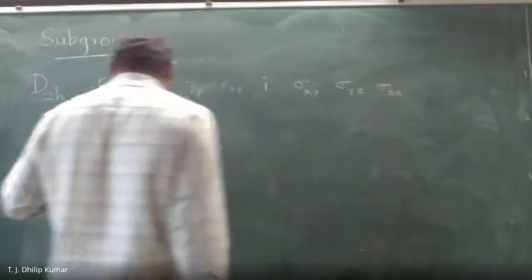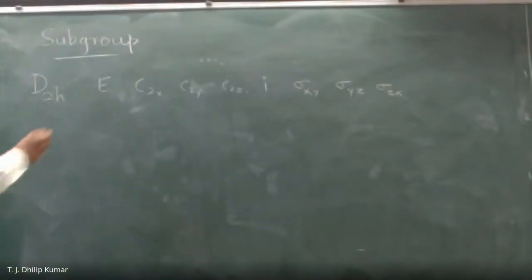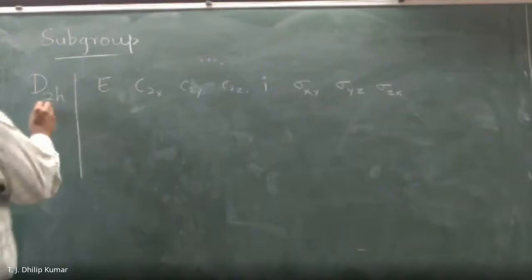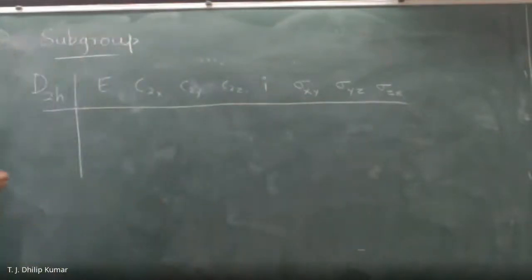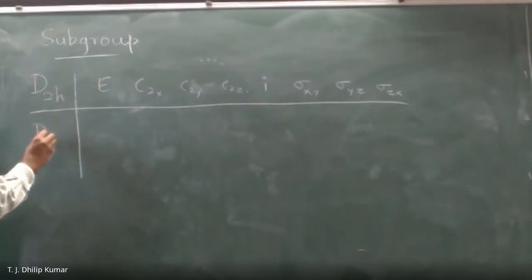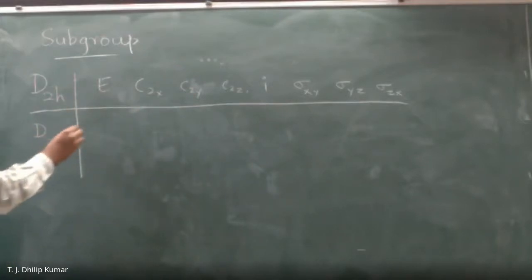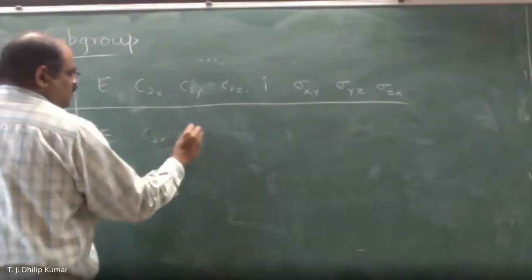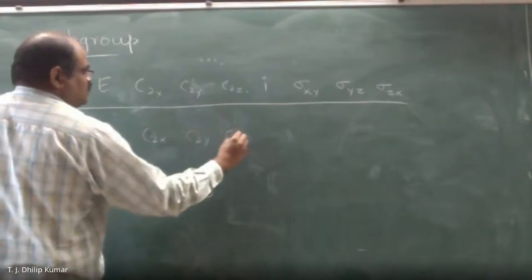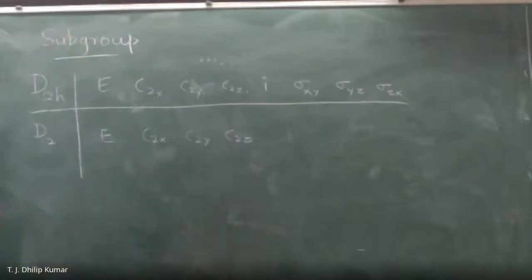So like this, you have many. These are the things present in D2h, and there could be more. Instead of D2h, you can have a subgroup, for example D2. A subgroup of D2h is D2. That could be multiple. When the D2 group is E, and then C2X, C2Y, C2Z. So this is D2, and there could be more.